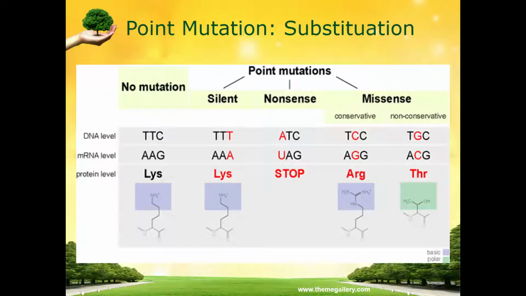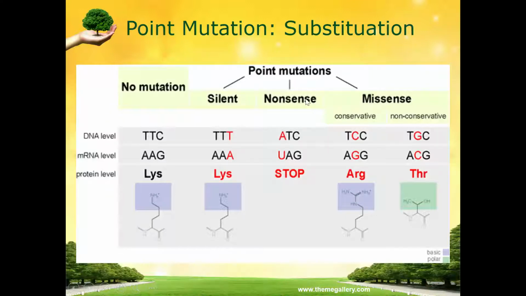Okay. According to the effect caused in the final protein, we have different types of mutations by substitution of bases. The first point mutation we can see here is silent mutation, where no amino acid changes. It's the same, lysine, because we change C to T, but it's a different codon that codes for the same amino acid.